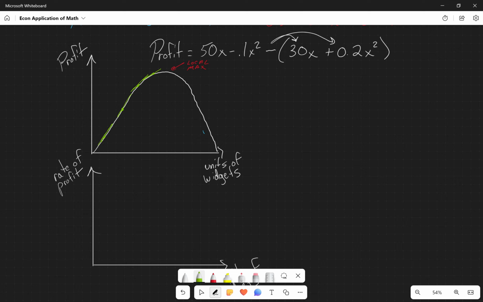We only have so much time, right? Maybe we do have unlimited machines and people and land and stuff like that. We literally only have 24 hours a day, 7 days a week, right? So there's some sort of constraint. And so we're trying to find where that constraint kicks in. And the way we do that is by looking at these rates of change. And so we're trying to find that point where the slope goes from positive to negative.